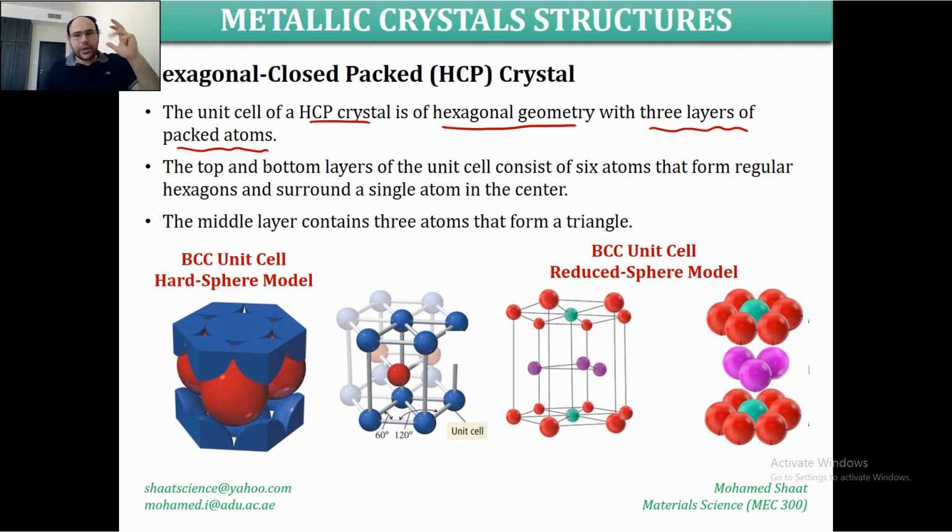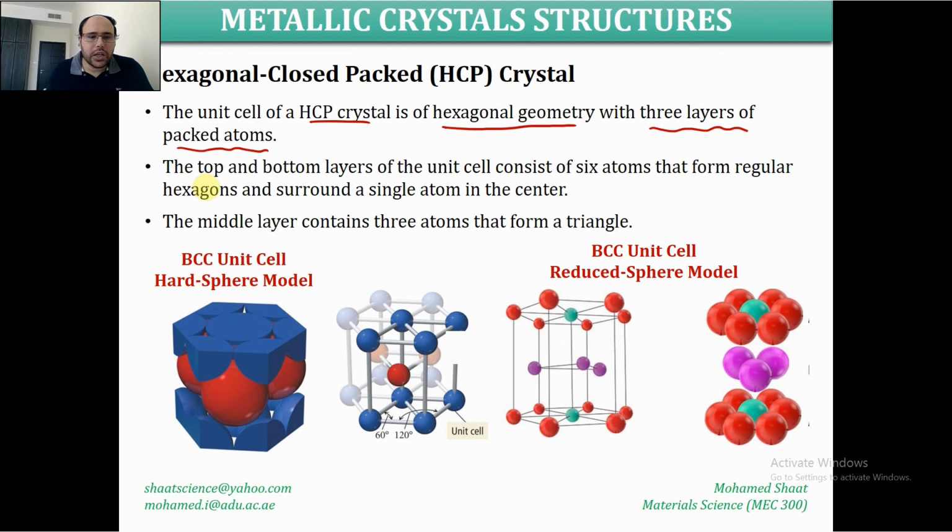This is one thing. Another thing, it contains 3 layers of atoms packed together to form this geometry. Make sense? So how these three layers of atoms are arranged, how many atoms would be located inside one unit cell, what is the coordination number, all of these things will be calculated as we have done for the FCC and BCC crystal structure.